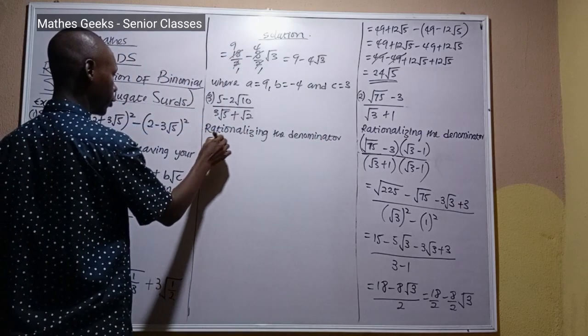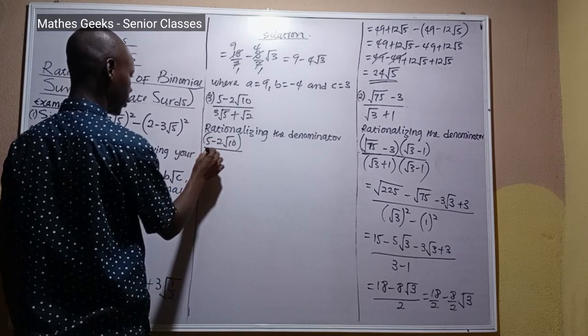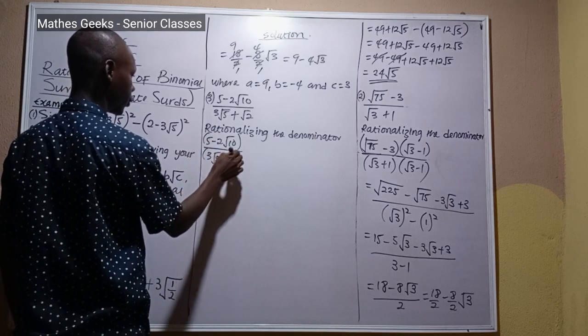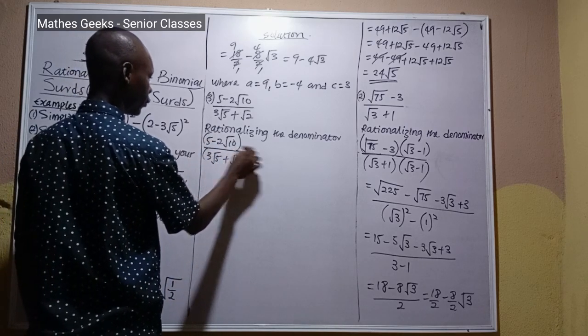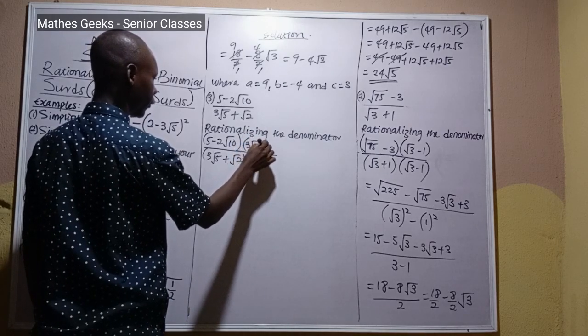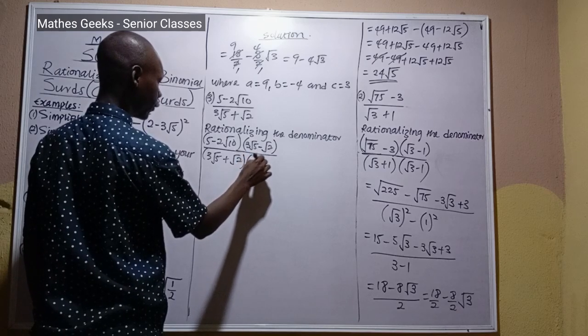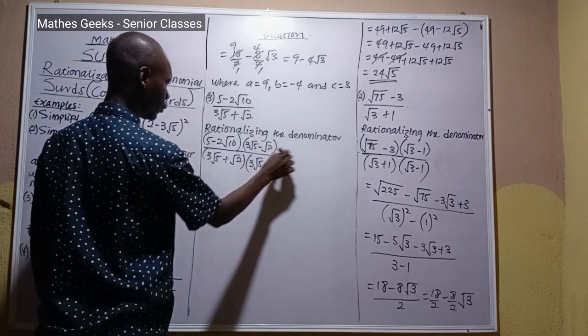We have 5 minus 2 root 10 over 3 root 5 plus root 2, multiplied by 3 root 5 minus root 2 over 3 root 5 minus root 2.